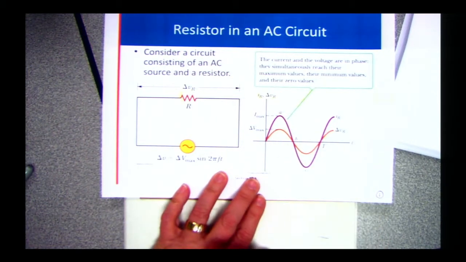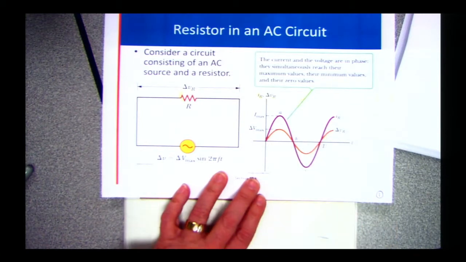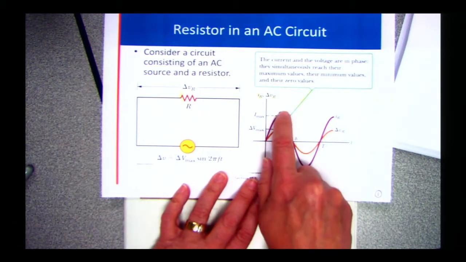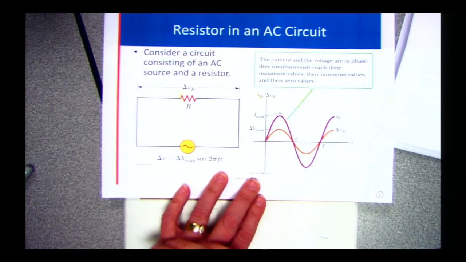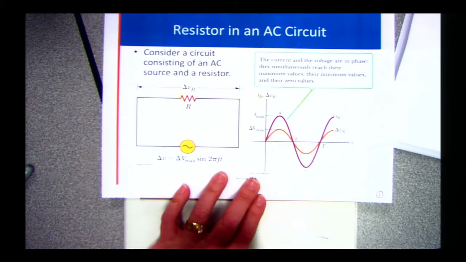And remember, way back when, which is why I start with simple harmonic motion so that we can look at those sine waves, is because when we get over here to AC circuits, we're going to see those sine waves again. But one of the key parts here is these two are what we call in phase with each other. They're going to be exactly following each other, and they're mirroring each other.